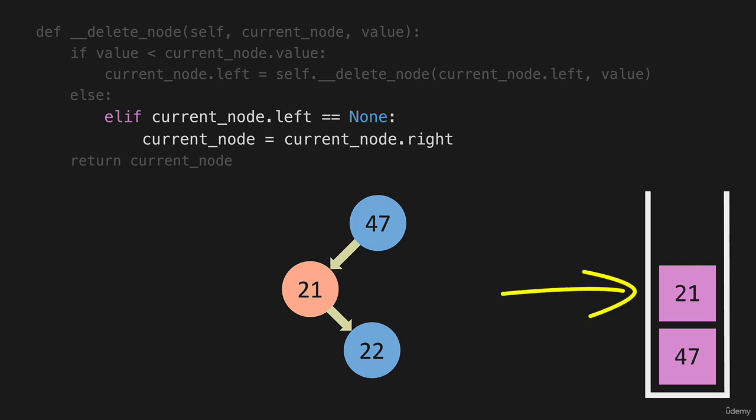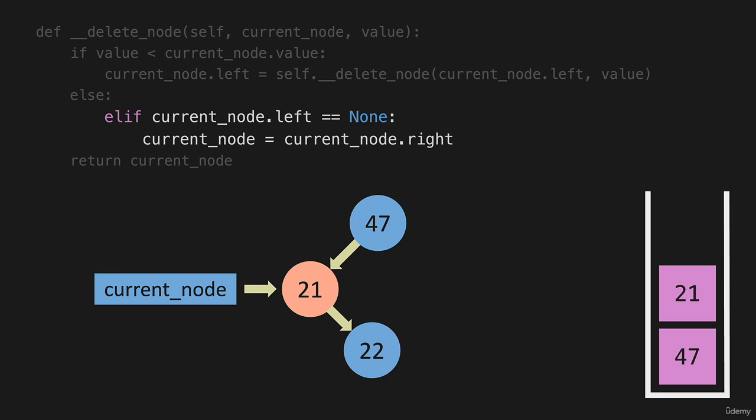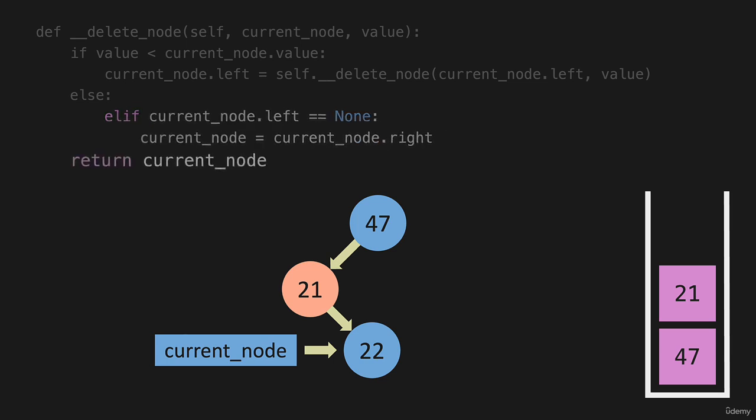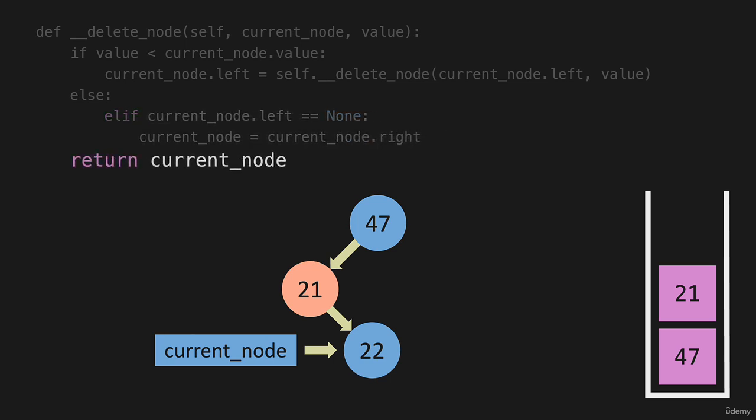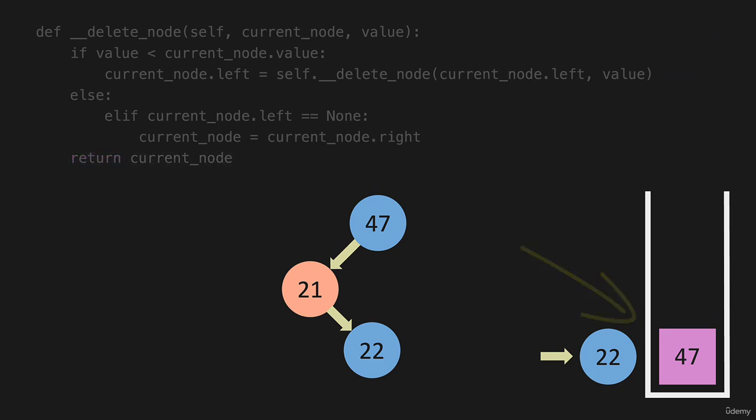And because this is the active instance, current node is this node here, and then we're setting it to be equal to current node.right, which moves this down to here. And then we move to this line, which returns current node, and it returns it to here. And once it runs this return statement, this is popped from the call stack. And this once again becomes the active instance.